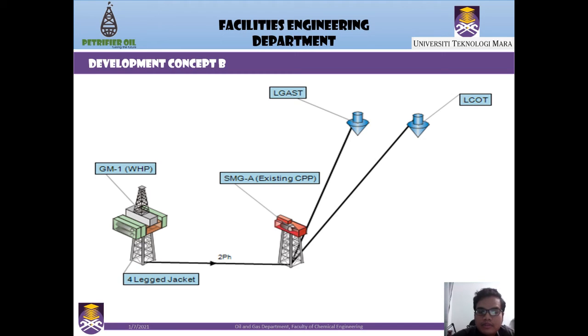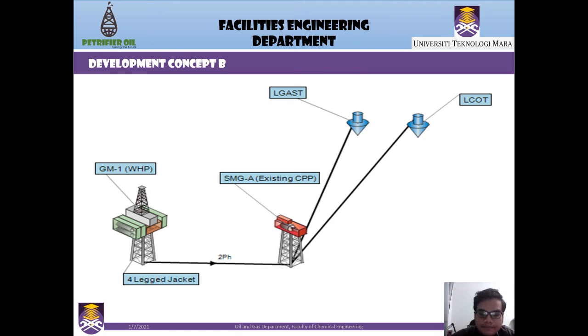The platform is only a wellhead platform, WHP, which means it will only be involved in the production activities, after which the produced hydrocarbons, all the 3 phases of produced liquids, will be transported to the existing central processing platform in the Semarang field, also known as the SMGA platform.